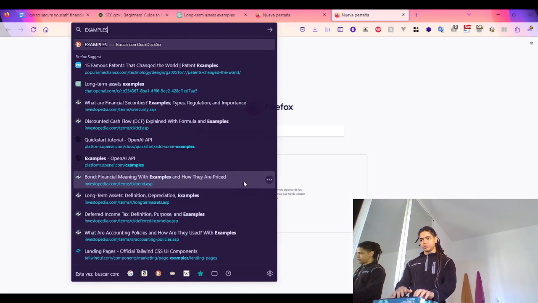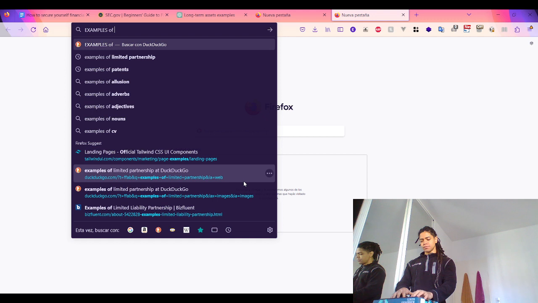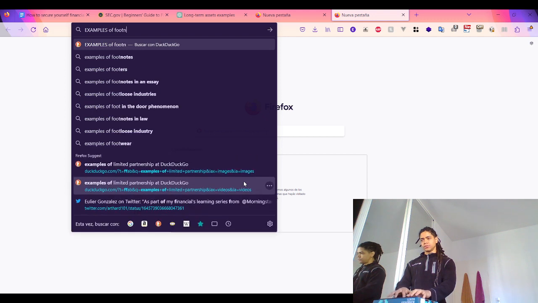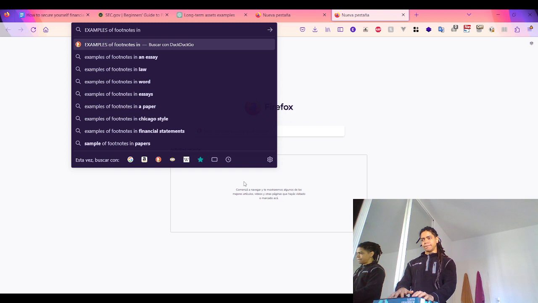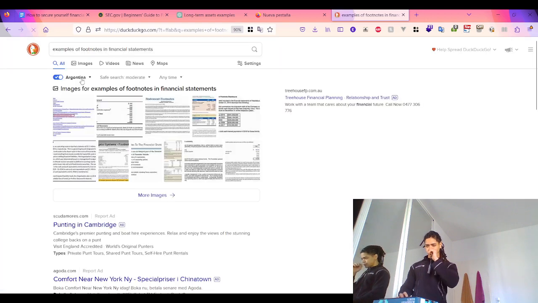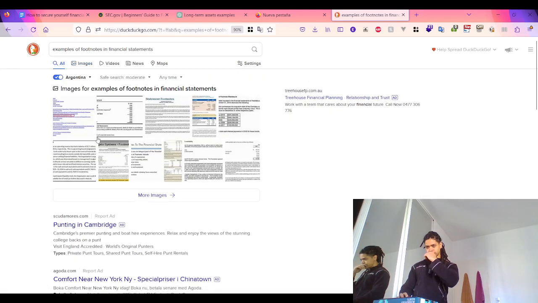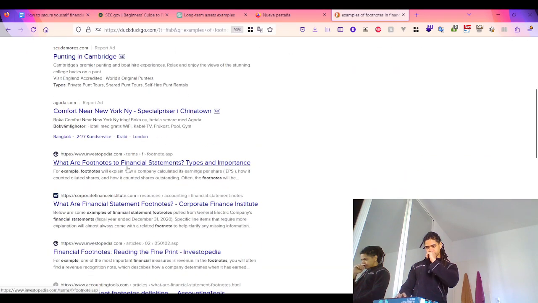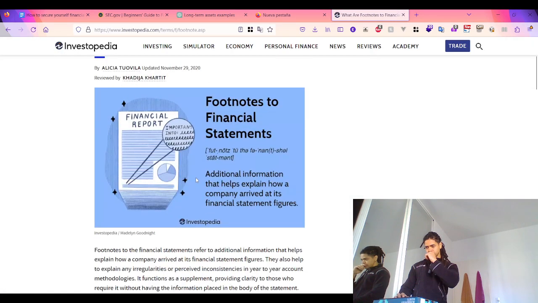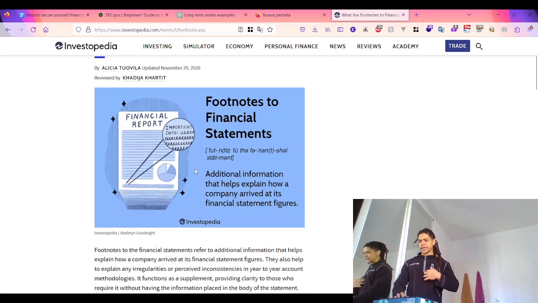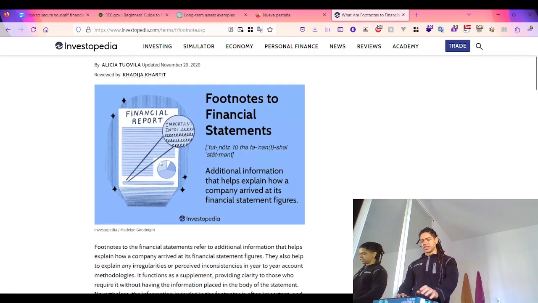So, examples of footnotes in a financial statement. The footnotes are additional information that helps explain how the company arrived at its financial statement figures.